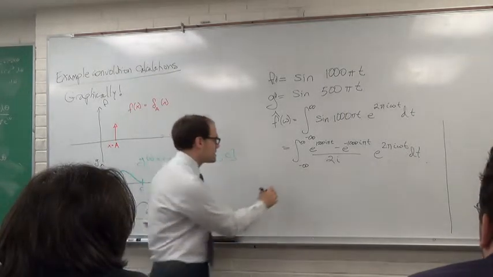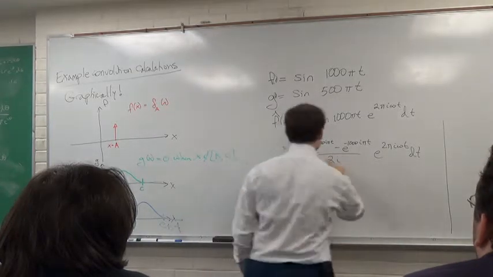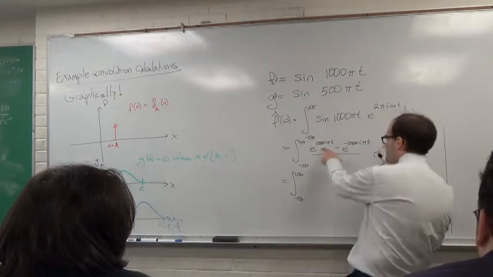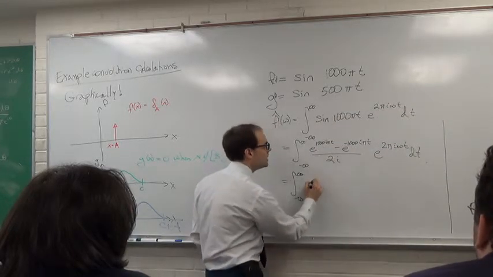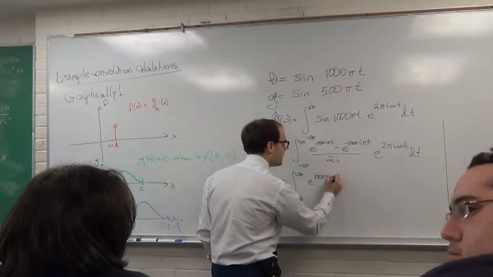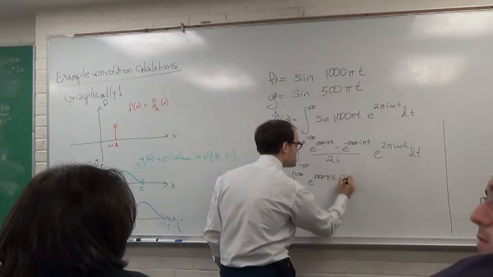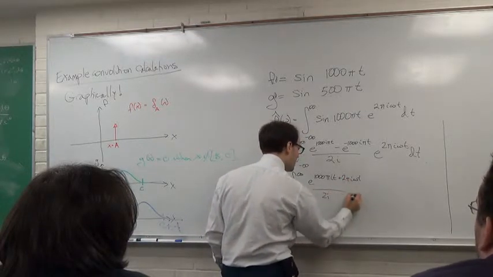Okay, so let's see here. What is this? I should split this up into two integrals, one that is this guy and one that is this guy. So this is the integral of e to the 1,000 pi i t plus 2 pi i omega t, dt over 2 pi.